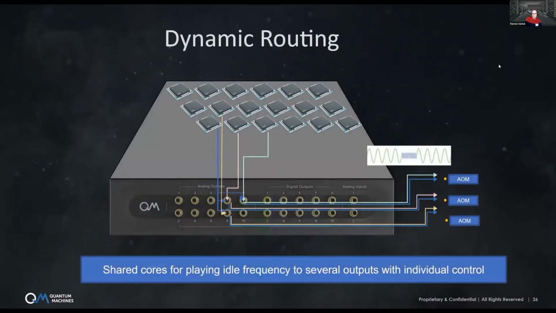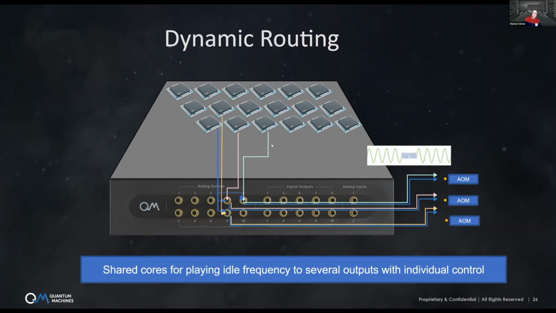Another capability that is important for all QPUs, but for Rydberg maybe in particular, is the capability to do dynamic routing. So all the signals you saw before, all these Gaussians and ramps and chirps, they can be output to any analog output ports that you want, and they can also be summed. So this is a representation of the 18 different pulse processor cores that you have in a single box.